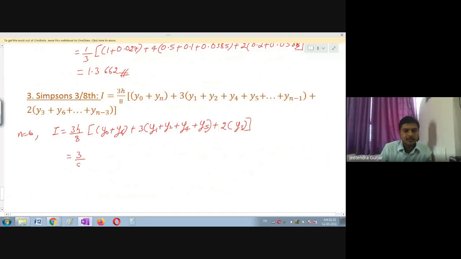Therefore, now substitute the values here, students. 3 is there, h is 1. Substitute the values here.